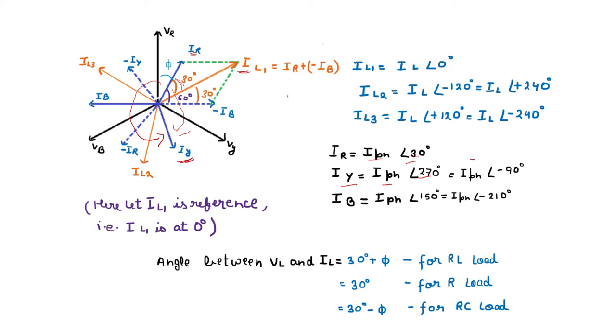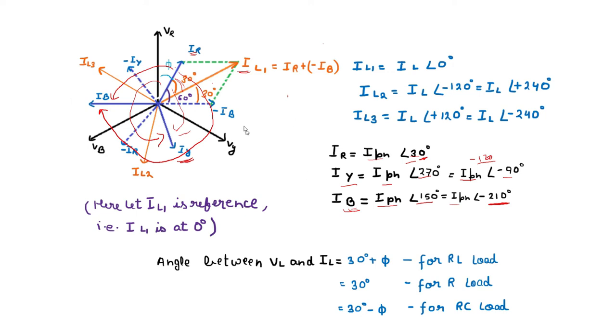And if we take minus 120 degrees, then we get IY equal to I phase angle minus 90 degrees. Then what is IB? IB is IR plus 120 degree rotation. So when you add 120 here, we get IB equal to I phase angle 150. And in the negative direction, IR minus 240 degrees, then we get IB equal to I phase angle minus 210 degrees.